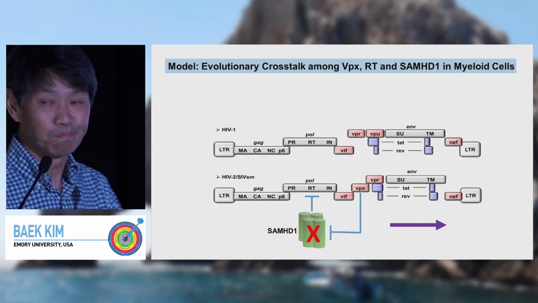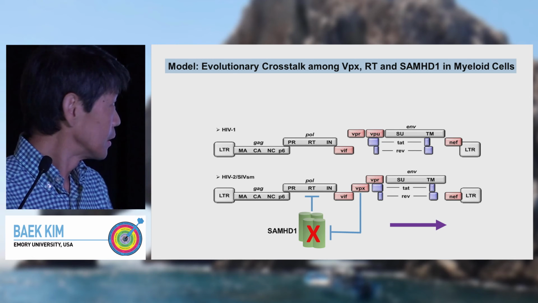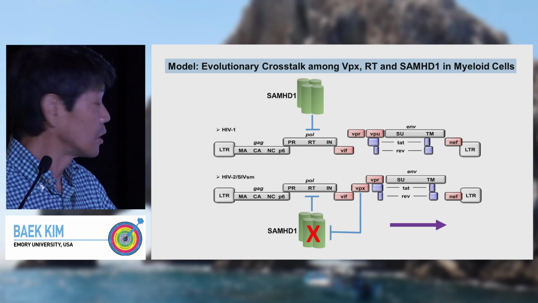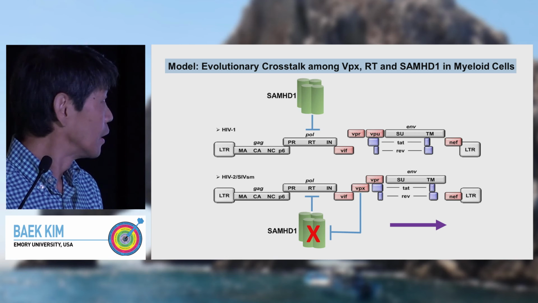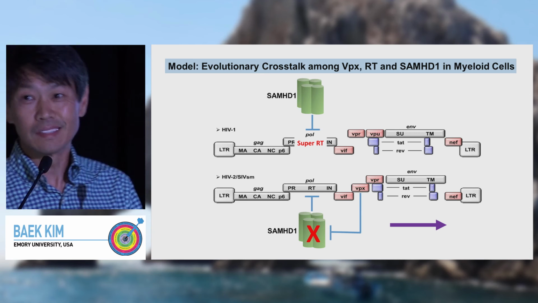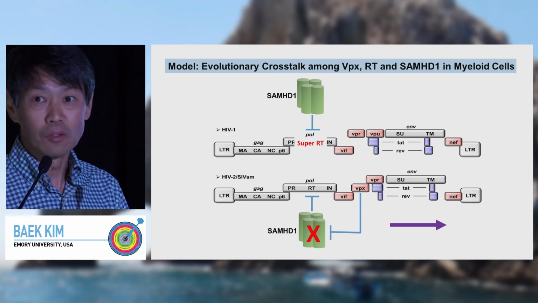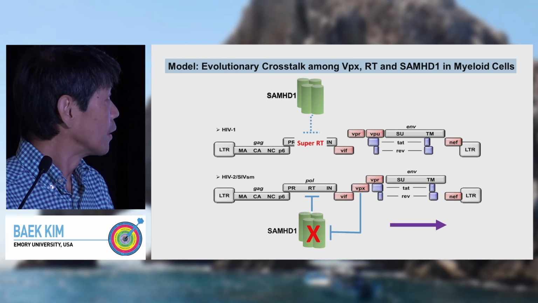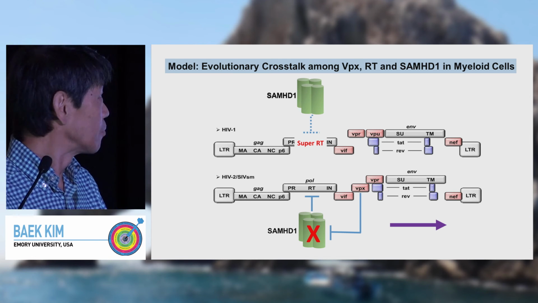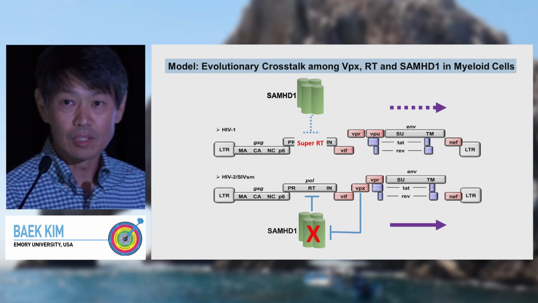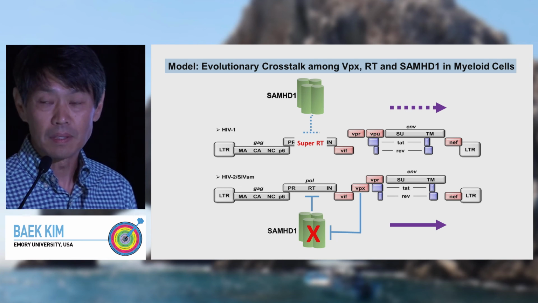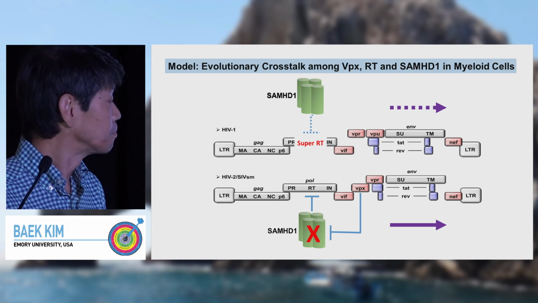But HIV-1 doesn't have VPX, so when HIV-1 infects the macrophage, SAMHD1 comes and suppresses reverse transcription, but possibly RT evolved to be what we call a super RT, enzymatically a little better than the normal RT that we know of. That weakens the selective pressure from SAMHD1 and allowed HIV to finish proviral DNA synthesis even at very low dNTP concentration in non-dividing cells.